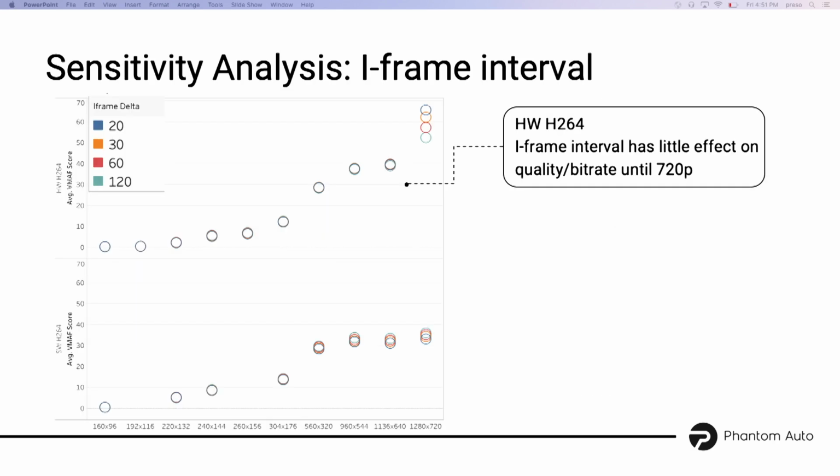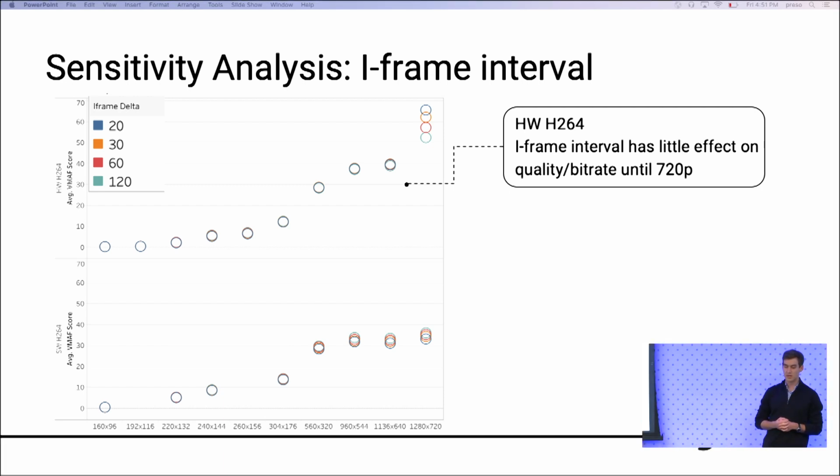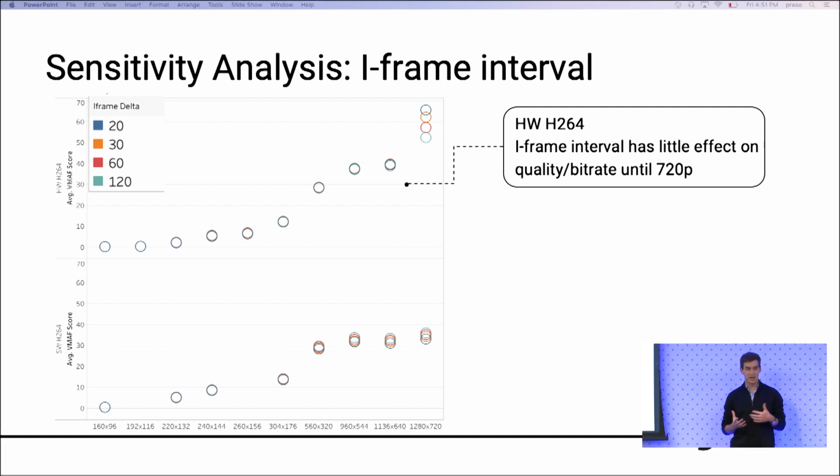One of the things that we decided to start with is understanding how sensitive the quality and bitrate are to the choice of iframe interval. In general, it is believed that you should choose iframe to be as rare as possible because it's heavy. However, in our world, because we're dealing with highly variable network conditions, it could be not very wise to set the iframe interval to be too rare, because if we have a packet loss and an iframe ends up corrupted, you can have artifacts for multiple seconds, which is very bad.